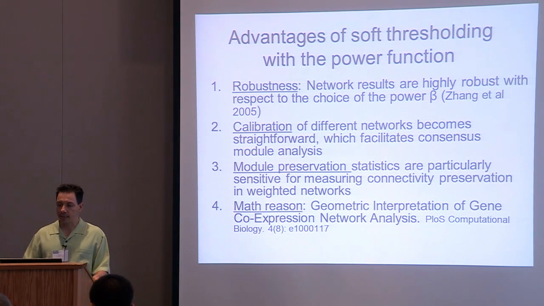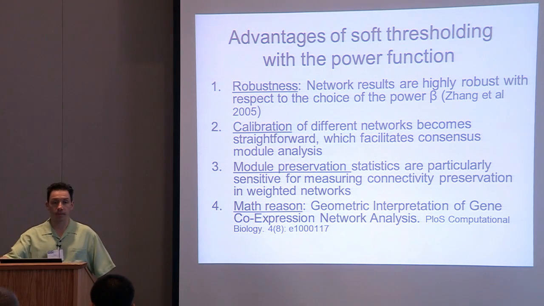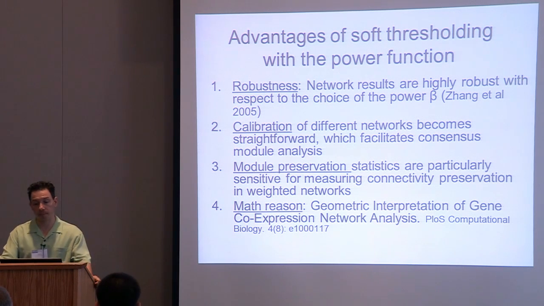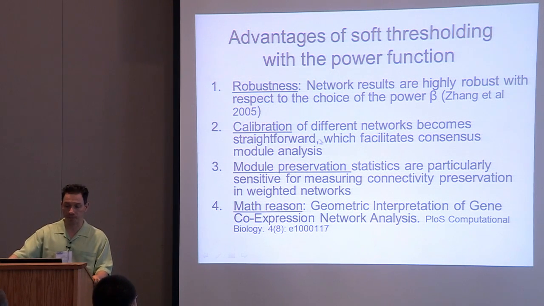So continuing, what are the advantages of using soft thresholding with the power function, meaning we raise the correlation to a power? As I said, number one, robustness. But there's a second reason, which you will appreciate in the afternoon, which is that we can calibrate different networks.